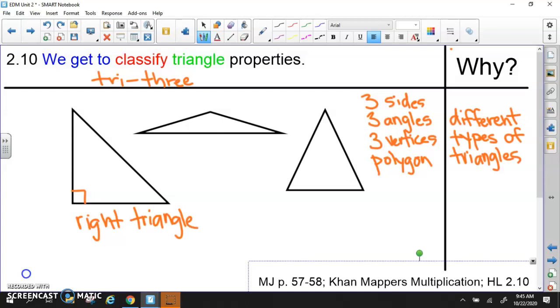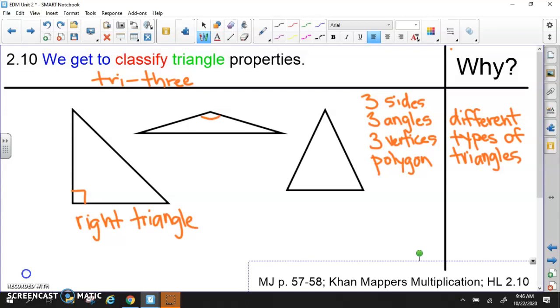Sometimes one angle can be very wide. Do you remember those angles when it's larger than a 90-degree angle? What's that called? It is called an obtuse triangle. So this angle right here, one angle, is greater than 90 degrees.